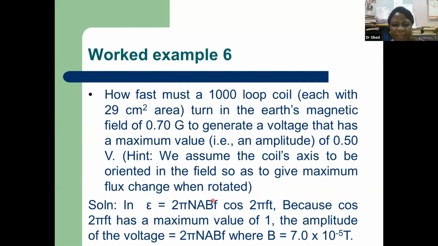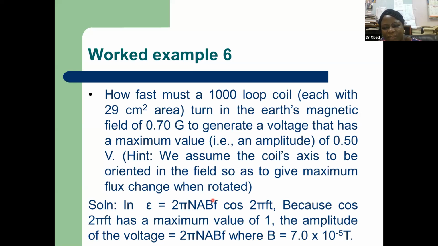There's another example here with a hint given to the solution. It says, how fast must a 1,000 loop coil, each with 29 square centimeters area, turn in the Earth's magnetic field of 0.70 gauss to generate a voltage that has a maximum value, that is an amplitude, of 0.50 volts.